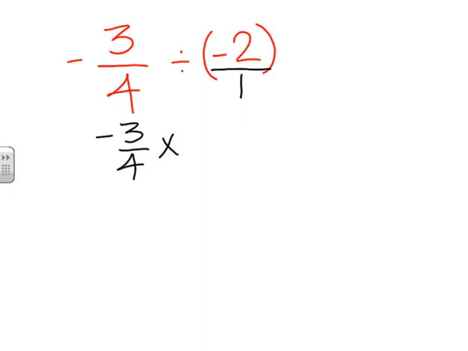So instead of negative 2 over 1, we're going to have negative 1/2 as our new fraction. Negative multiplied by negative is a positive, and then we're just going to go straight across. 3 times 1 is 3. 4 times 2 is 8, so our final solution is 3/8.